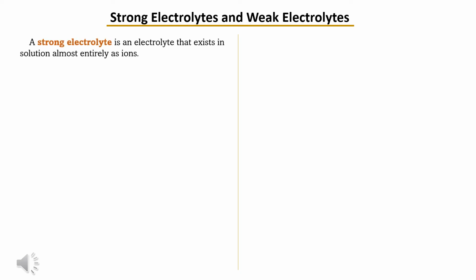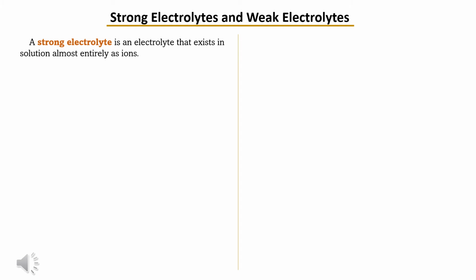Okay, so when electrolytes dissolve in water, they produce ions, but only to a varying extent. So we will be discussing now the strong electrolytes and the weak electrolytes. A strong electrolyte is an electrolyte that exists in solution almost entirely as ions.